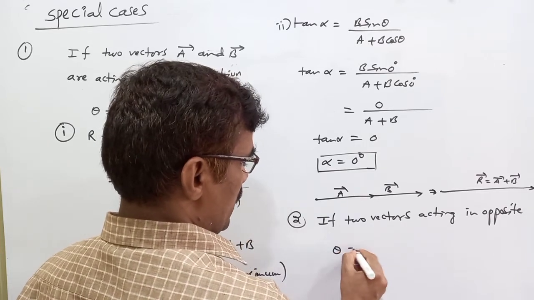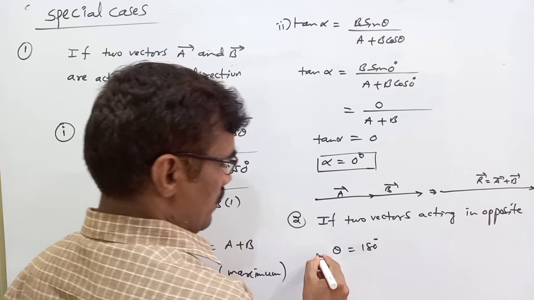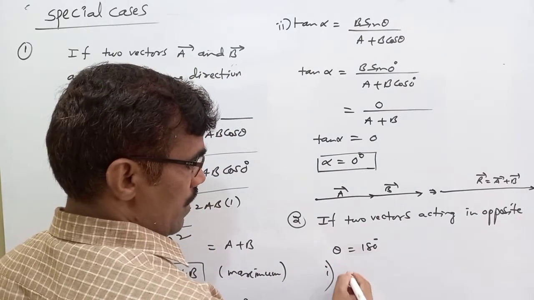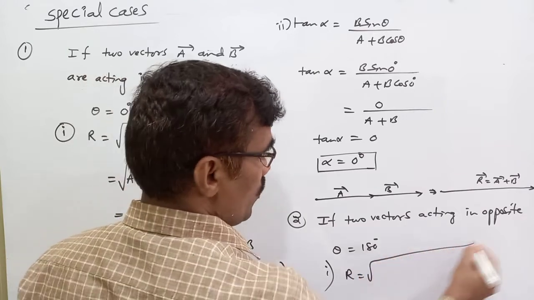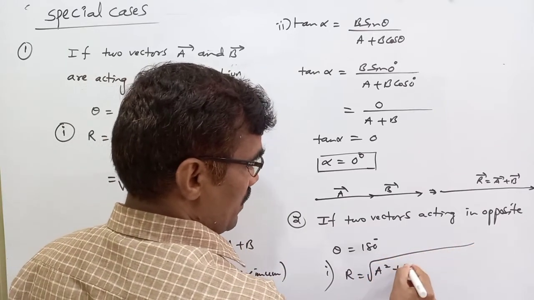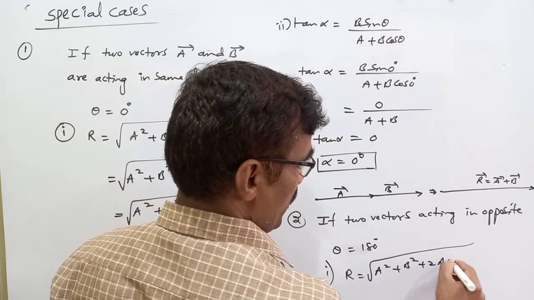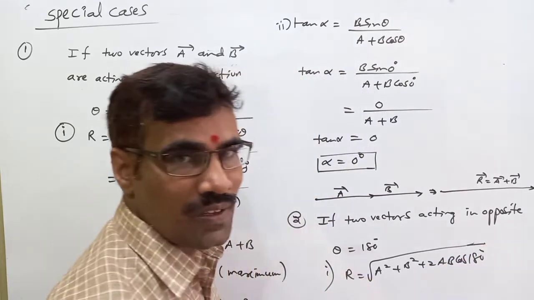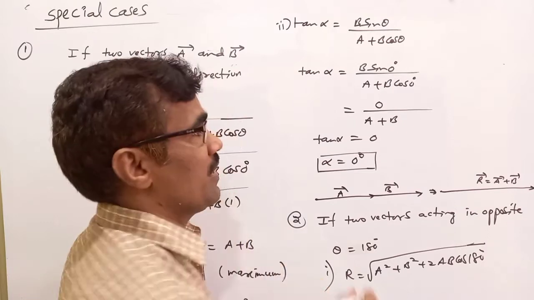Theta is equal to 180 degrees, since opposite means 180 degrees. So first, R equals root over A square plus B square plus 2AB cos 180. Tell me, cos 180? Cos 180 is minus 1.